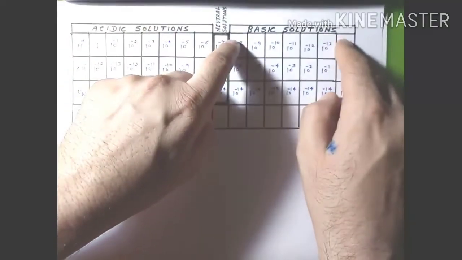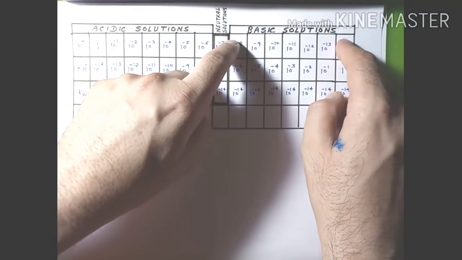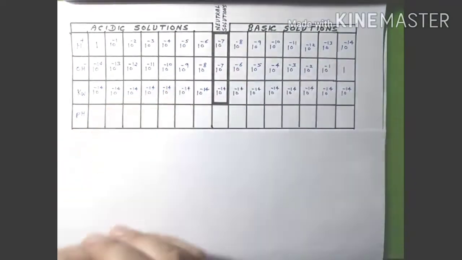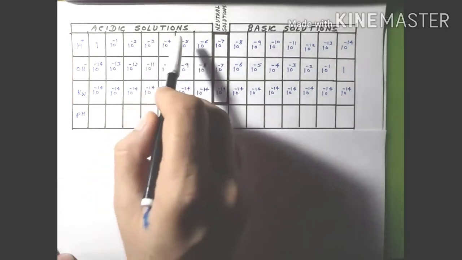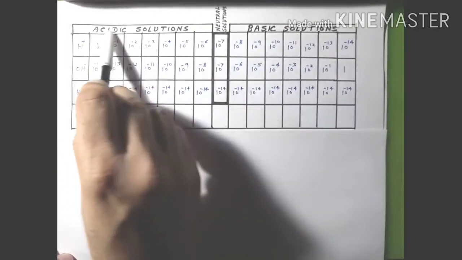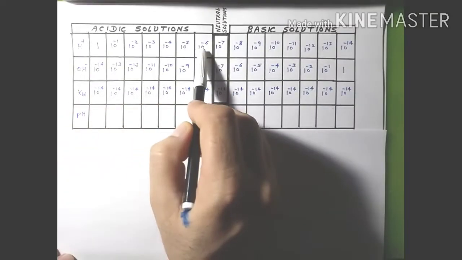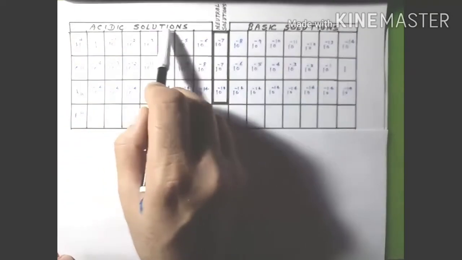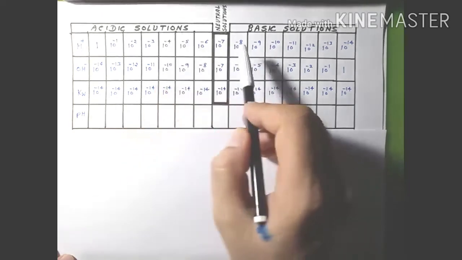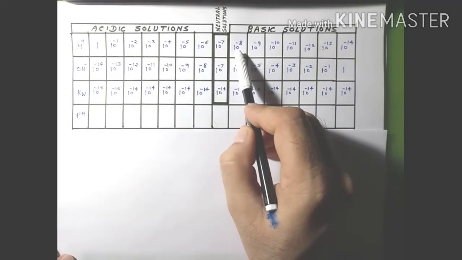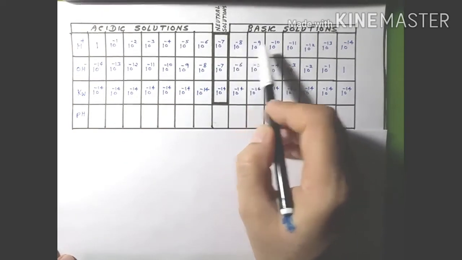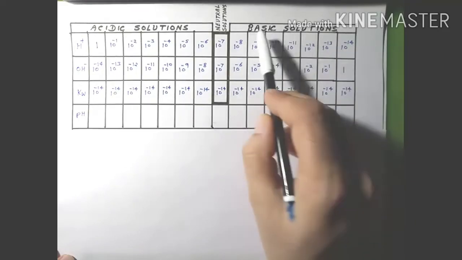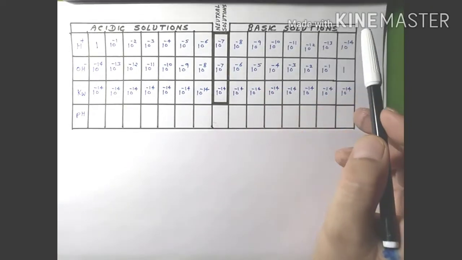If the concentration of H plus ion is less as compared to the OH, the solution is said to be basic. तो हम क्या करेंगे, अब सभी सॉल्यूशंस को डिफाइन करेंगे only on the basis of the H plus ion. अगर किसी सॉल्यूशन का H plus ion concentration इस range में आ रहा है from 1 to 10 to the power minus 6, the solutions are said to be acidic. And if the H plus ion concentration comes in the range of 10 to the power minus 8 to 10 to the power minus 14, the solutions are said to be basic.